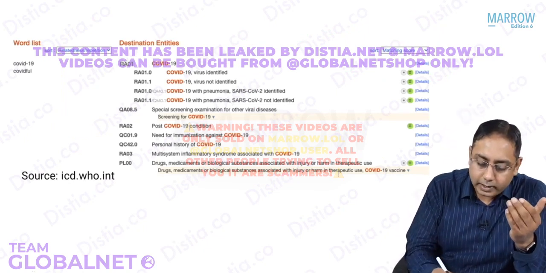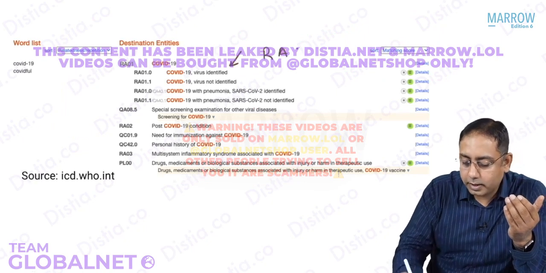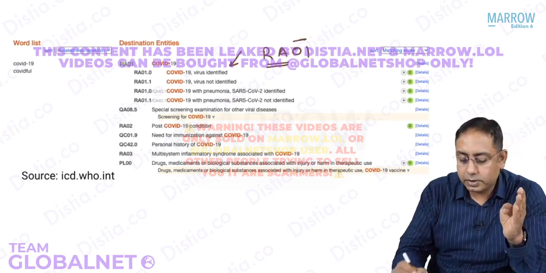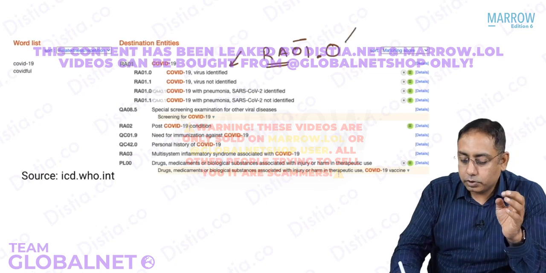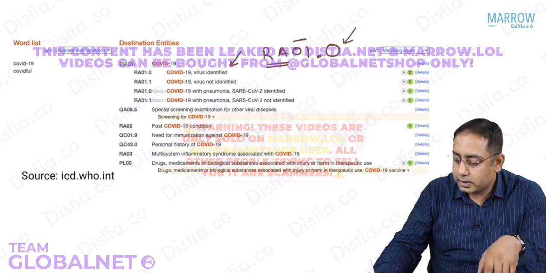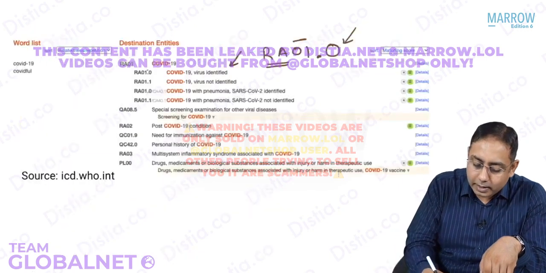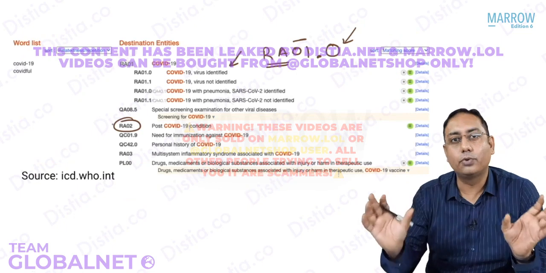For COVID-19, if the virus is identified, the classification code is RA01. So now you have 2 alphabets and then 01, and followed by that there is 10. This 2 subcategory code is actually optional.